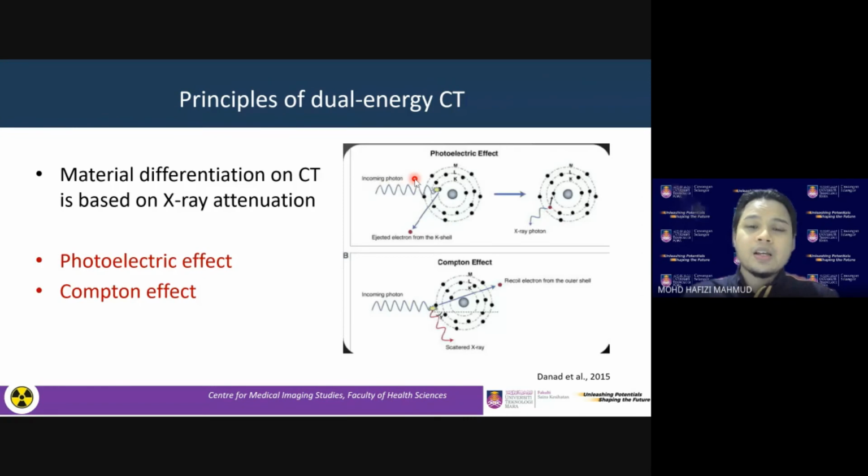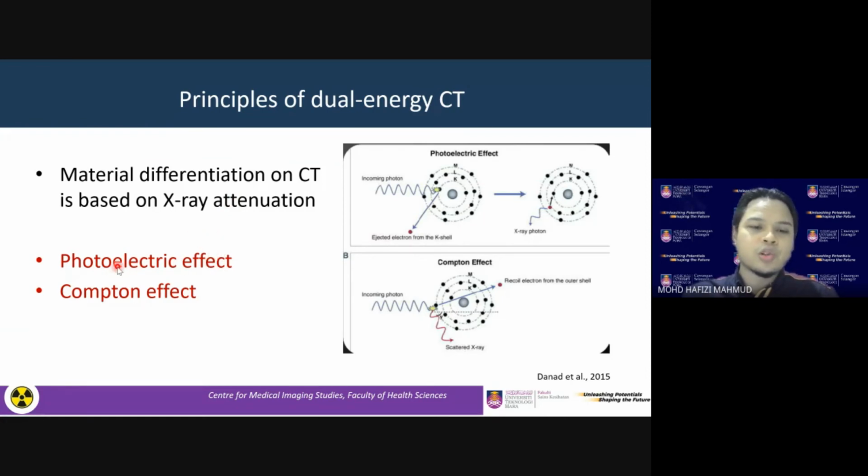That's the principle of CT, how the X-ray is generated. Actually it's based on X-ray attenuation, which is the interaction of radiation, or the X-ray, with matter. For example, when it interacts with soft tissue or bone and other matter, it undergoes two main processes.